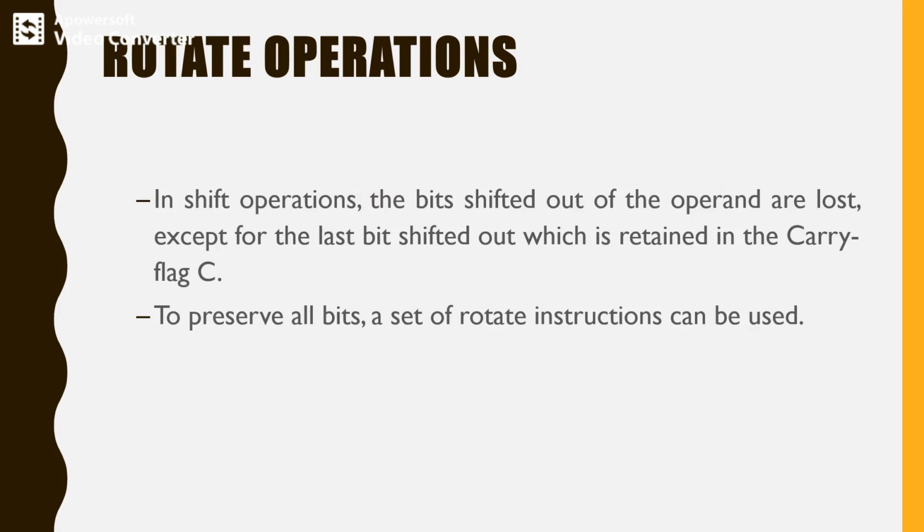Rotate operations. In shift operations, the bits shifted out of the operand are lost, except for the last bit shifted out, which is retained in the carry flag C. To preserve all bits, a set of rotate instructions can be used. In the case of rotate instructions, we can consider rotate left or rotate right, with as well as without carry value.